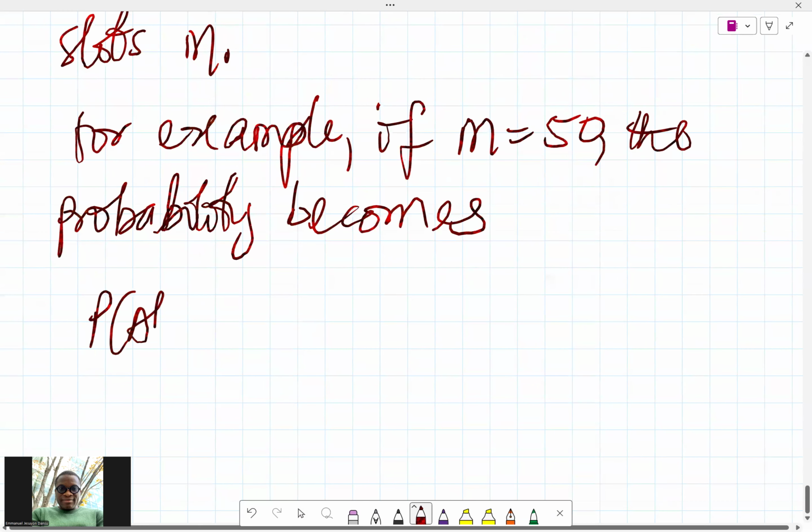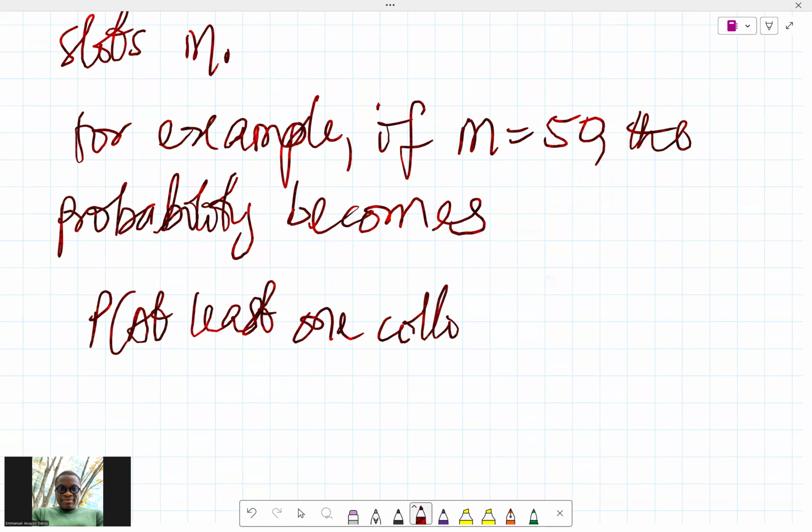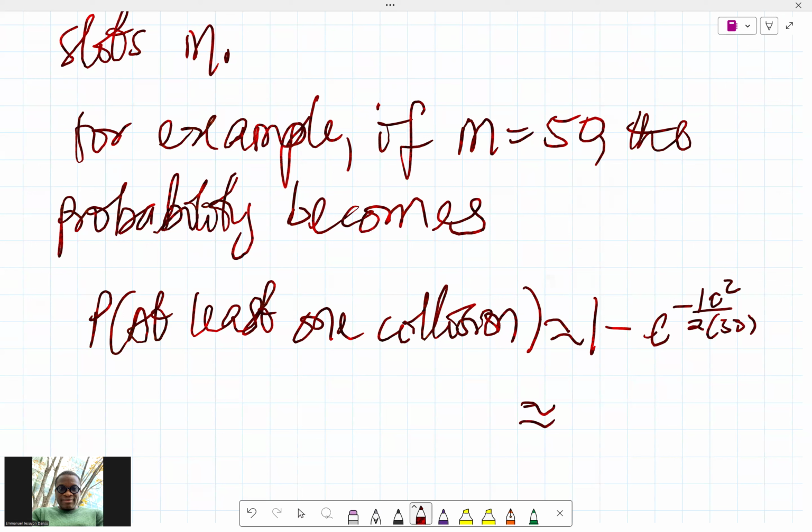P of at least one collision, and that is approximately 1 minus e raised to the power minus 10 squared over 2 times 50. So that is approximately 1 minus e raised to the power minus 100 over 100.